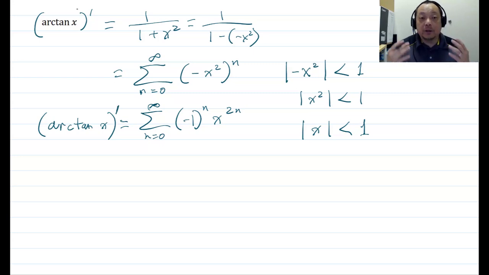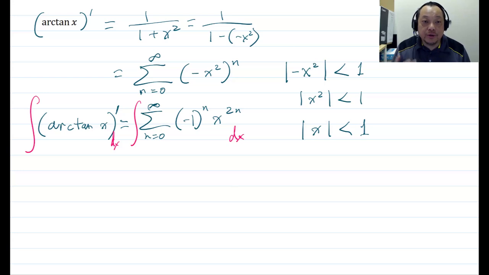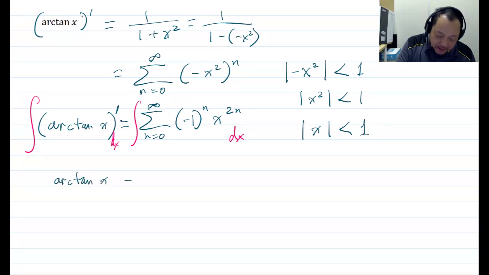So now if I want the power series for arctan, I have to take the integral of both sides, dx. And I also know, thanks to that theorem, that I can do this term by term now. On the left, this is arctangent x. And on the right, I know that I can integrate term by term.